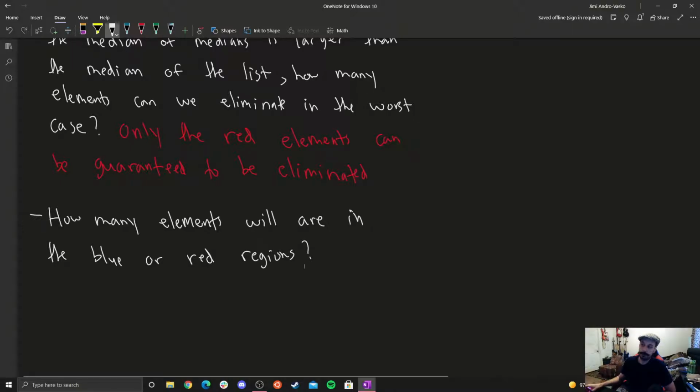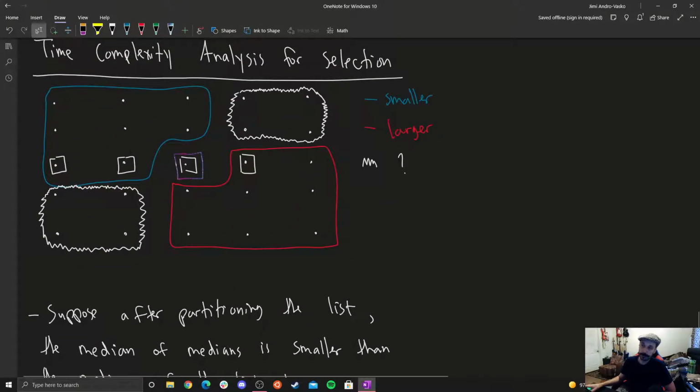So looking at this picture, how many columns do we have? Well, we have n over 5 columns. And it looks like we're breaking this in half, in a way, right? Because we have the blue half and the red half without these guys. So we have really n over 5 divided by 2, because we're going to break this in half, basically.